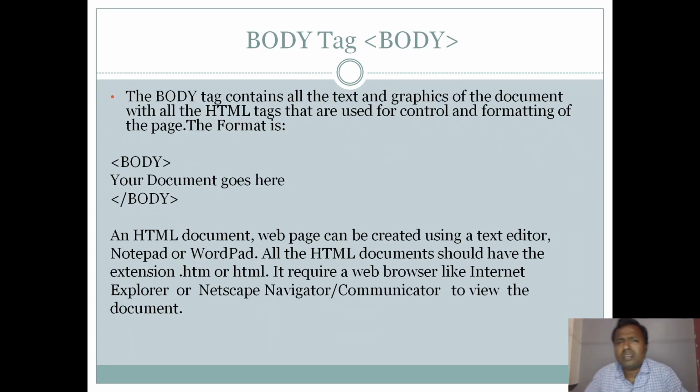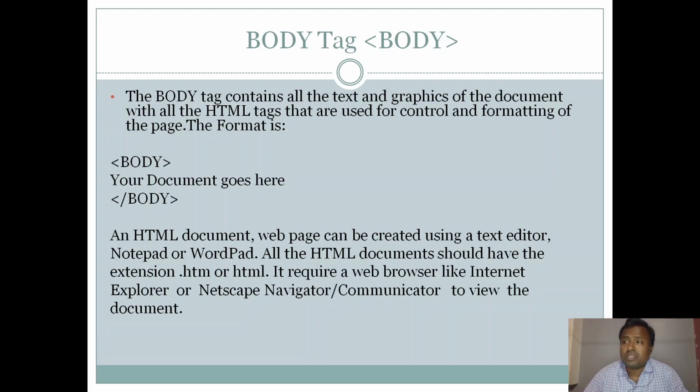Now after the head tag, you will have your body tag. Within this body tag, whatever content you want to display in the web page body, for all such information you have to use markup language tags, so that you can display the information in different ways, whatever way you like. If you want to display in image format, you can use the image tag.